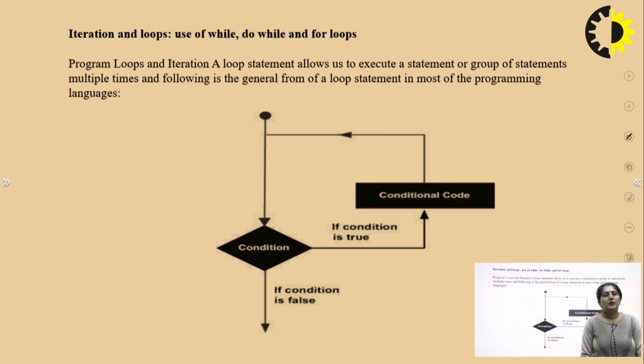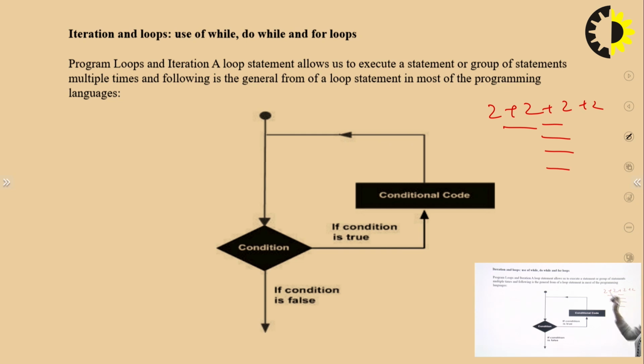If we want to add 2 plus 2 plus 2 plus 2 five times, instead of writing line by line plus 2 plus 2, we can write it in a single loop. We can use a for loop like this: for i is equal to 0, i is less than or equal to 5, i plus plus, and it will add 5 times in a single line only.